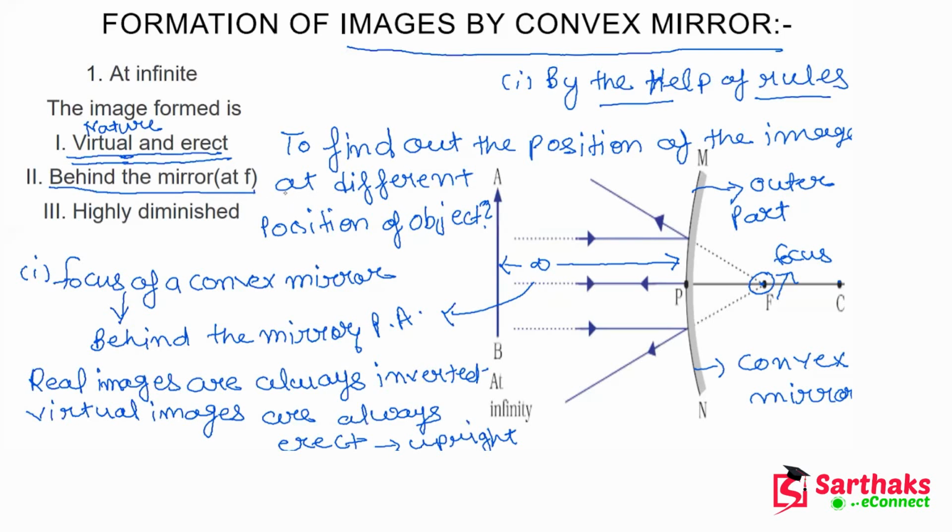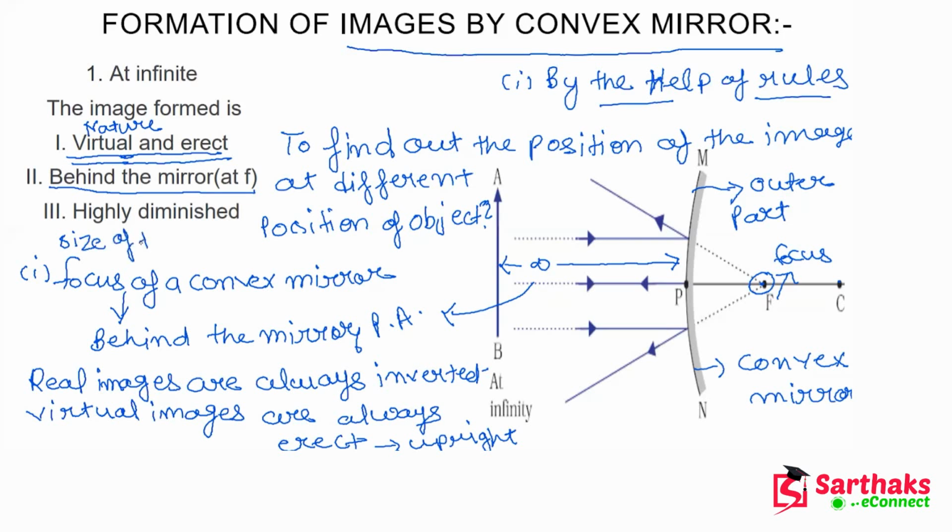At that time, we were getting the image on the same side. But in this case, the image is behind the mirror. In that case, the image was real and inverted. But here we are finding the image virtual and erect. Now, guys, let's comment on the size of the image.